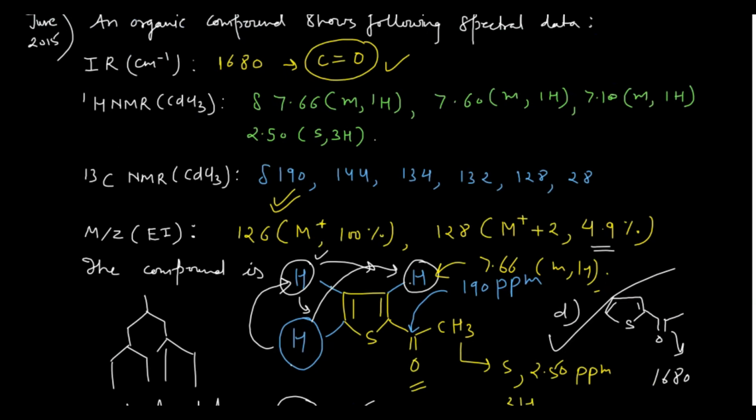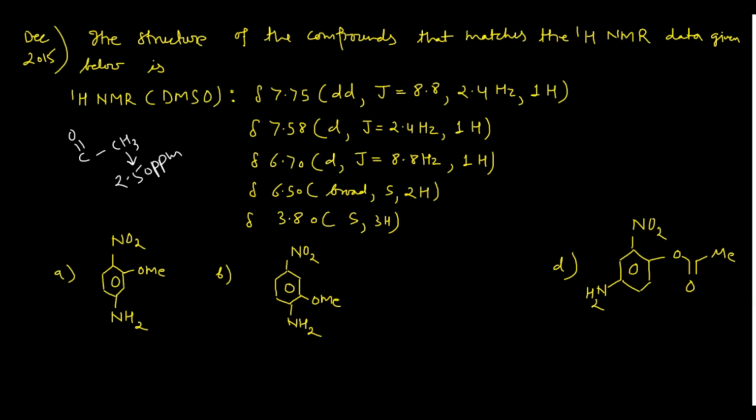Yes, you can see here this carbonyl group is attached with the CH3, thus the CH3 is resonating at 2.50. But here it is resonating at 3.80, and it should be 2.80. So this cannot be your answer, so you can immediately strike out option D also. So I am removing option D.